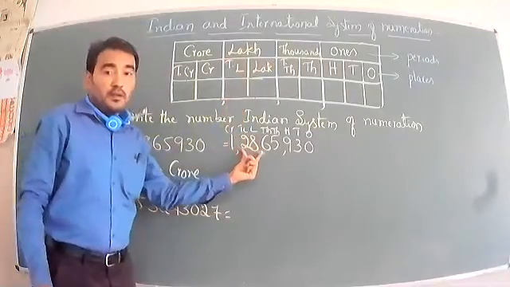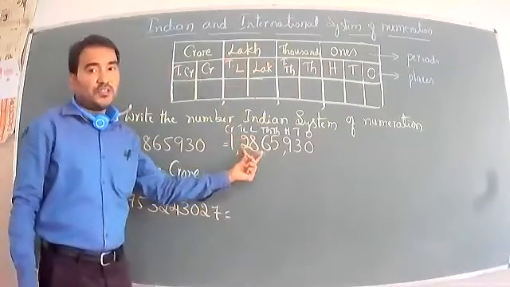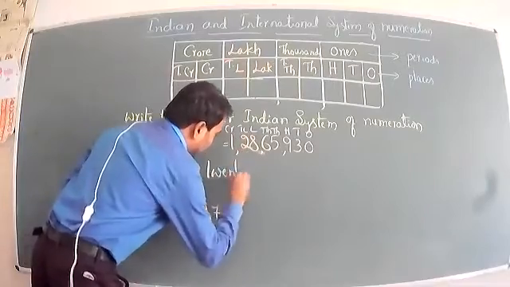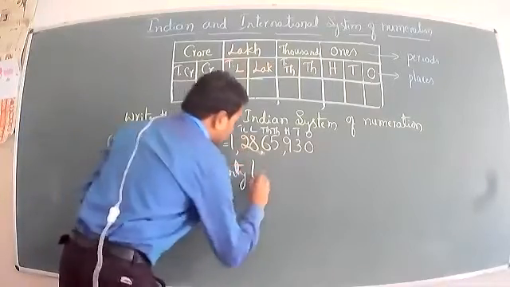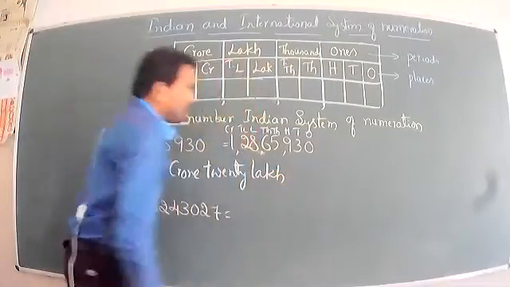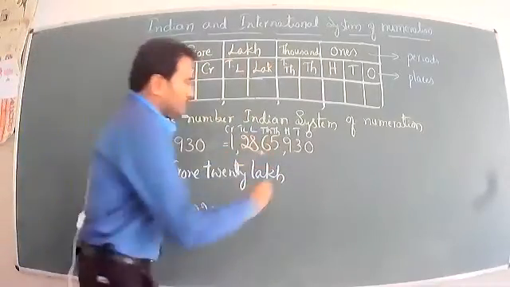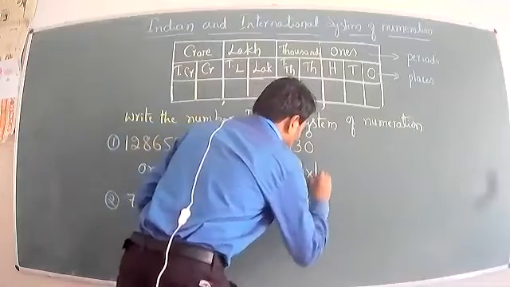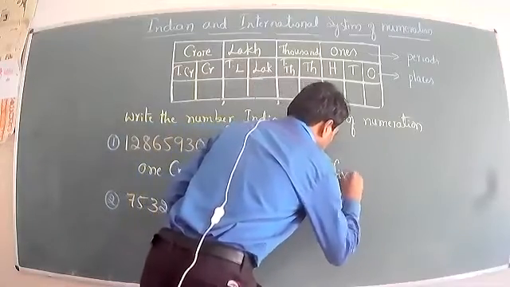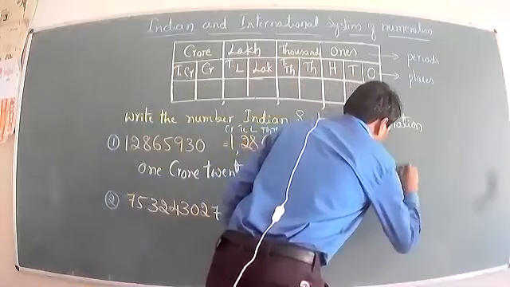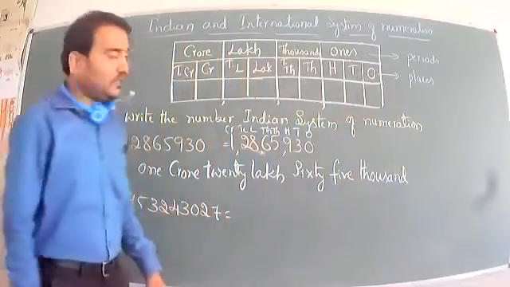So it means the number together. So how much is it? 28 lakh. Next, 65,000.